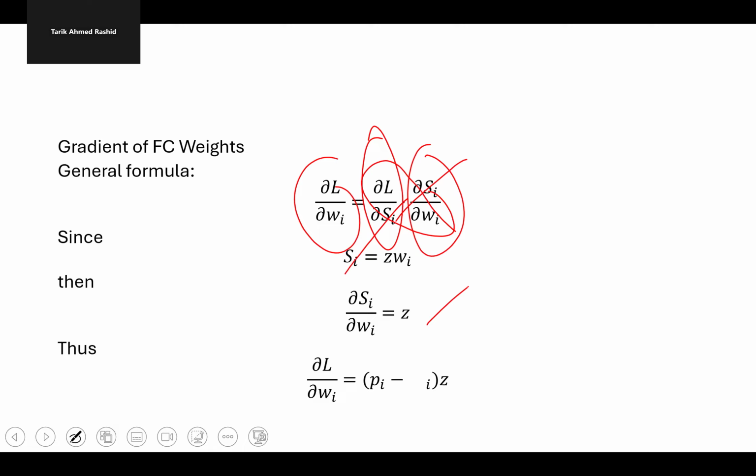This part is Z only, because the partial differential of S with respect to W, that is W to the power 1 minus 1, will be W to the power 0, that means only we have Z. So this is gone, only Z remains. So here, for the partial differential of L over the partial differential of W, that is the result.